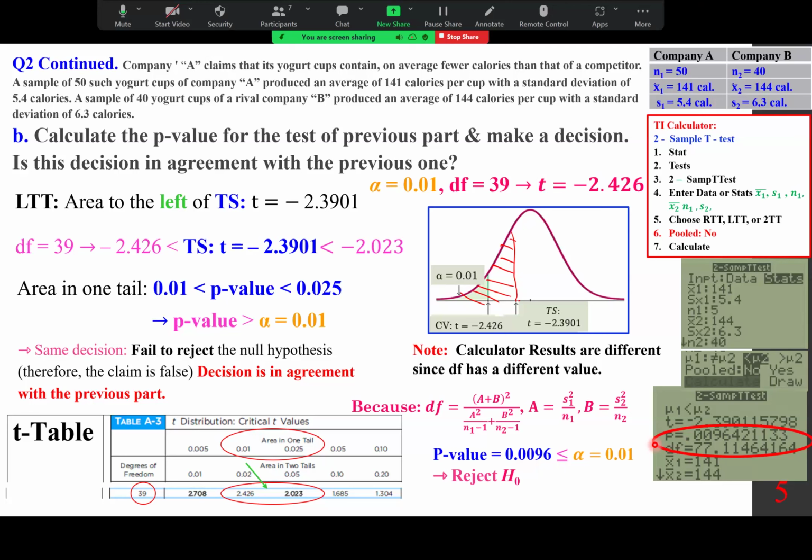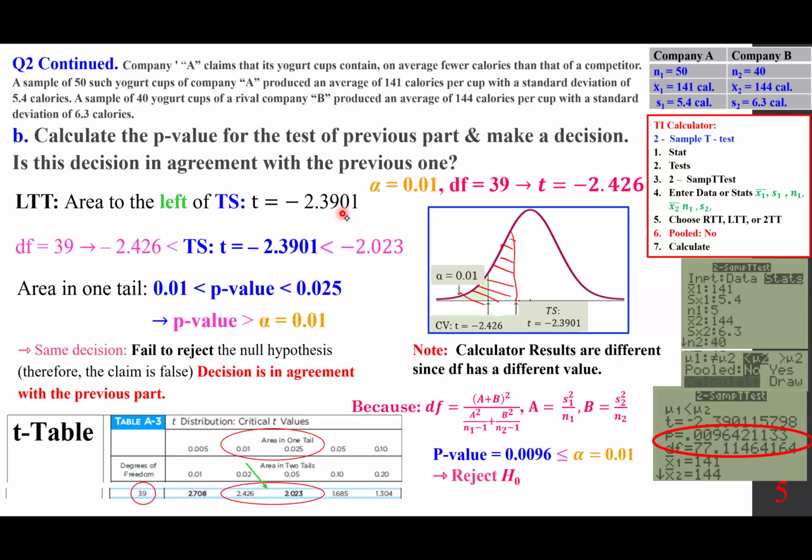By the way, this is the same test statistic that has been calculated, very close to that. It may not be identical, but it's close. And I hope it's clear to everybody.